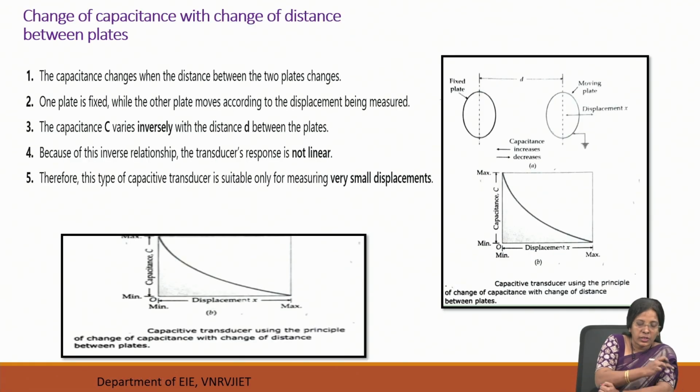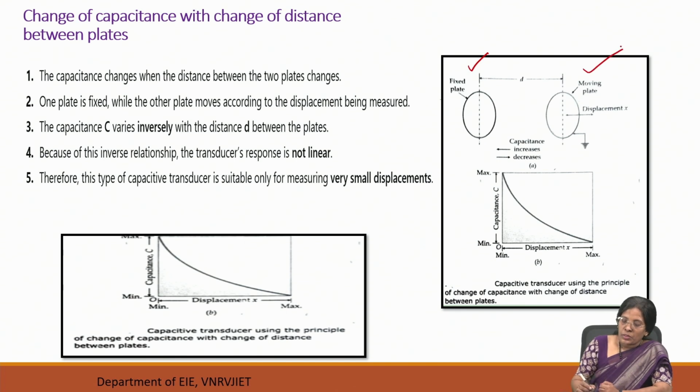And then let's see another example, that is how the capacitance is changing with the distance between the plates. In this one, we are considering two plates. One plate is a fixed plate and another plate is a moving plate. The distance between the plates is small t.